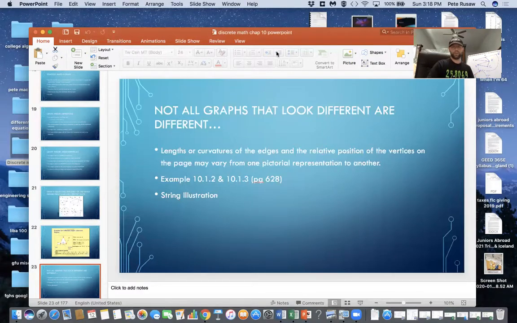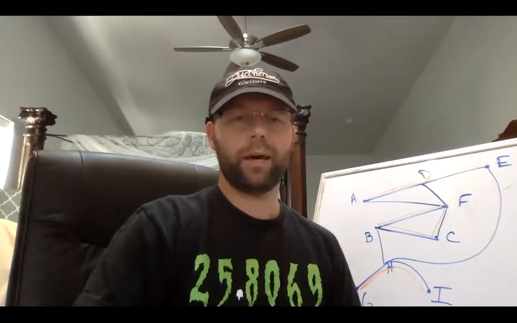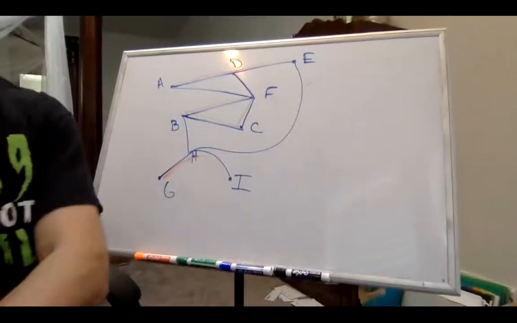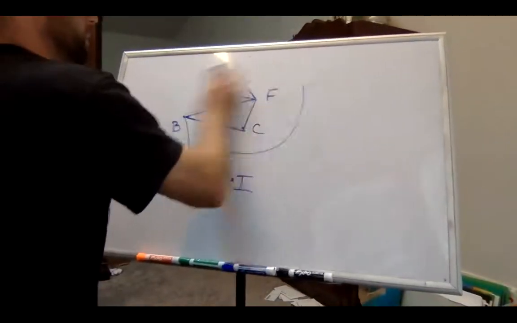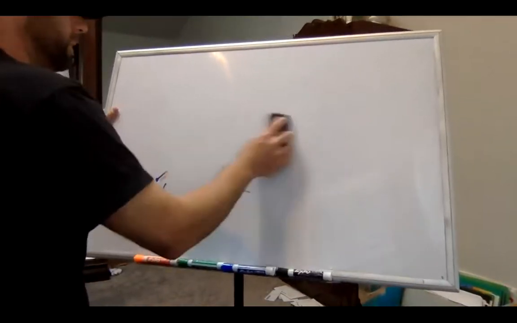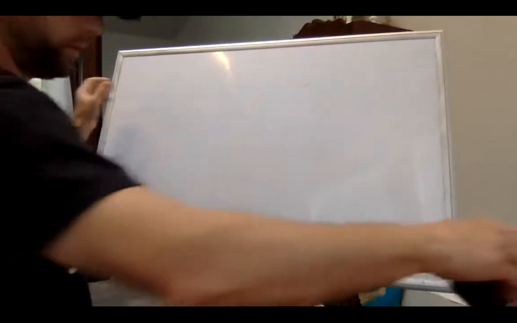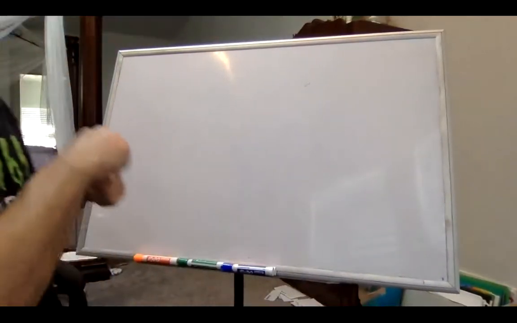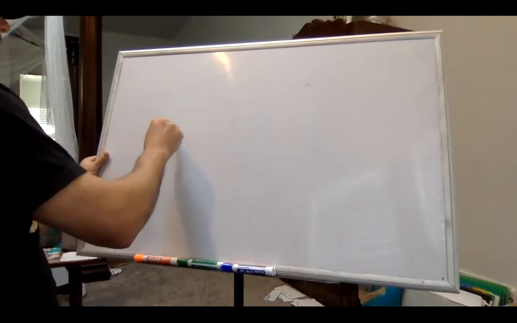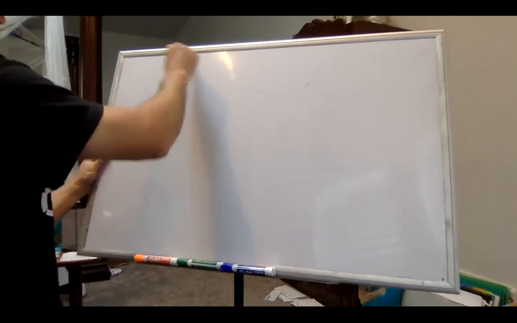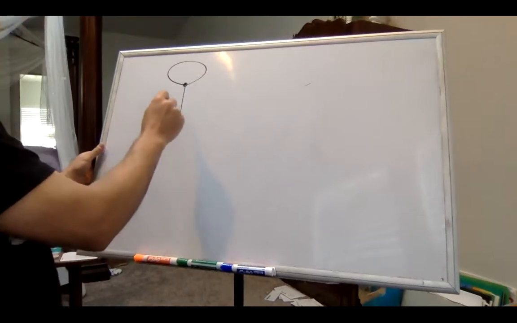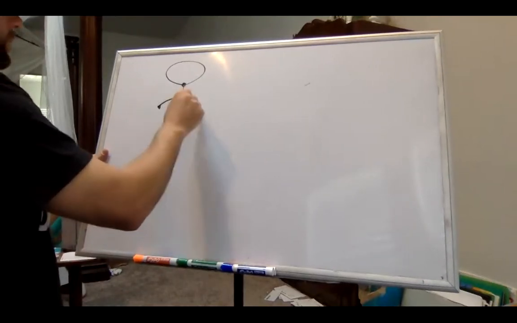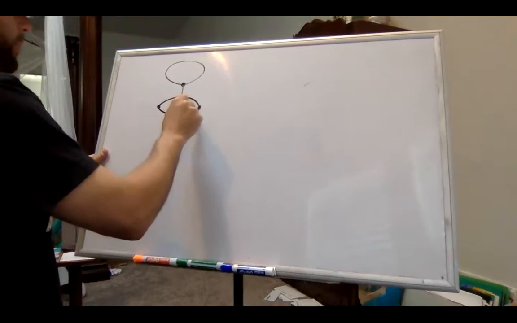I'll just stop my share here. So I could have a graph that looks like maybe this, and another one that looks like, actually, we'll make this part of the same graph.